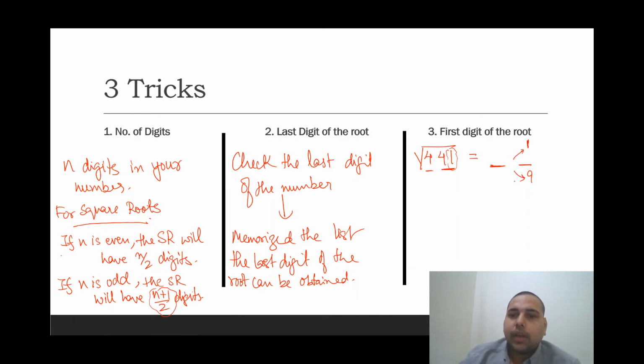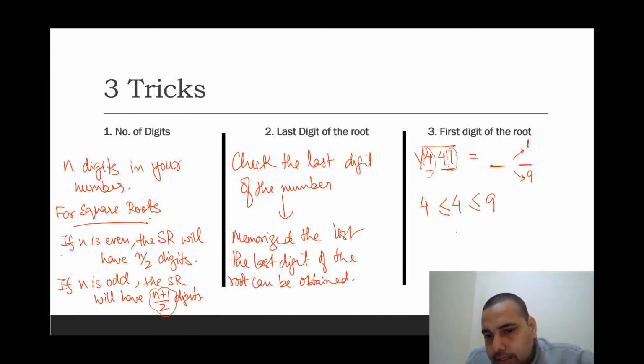But how can I figure out the first digit? When you're working on the first digit, after you have divided into groups, the group in the leftmost, you try to see that number lies between which 2 perfect squares.